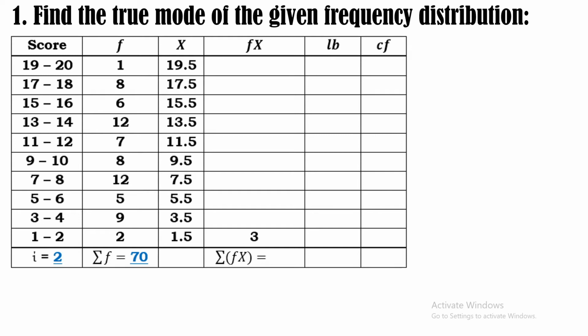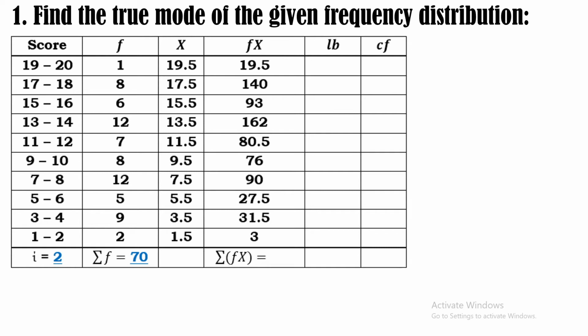Next, 9 times 3.5, that is 31.5. 5 times 5.5, that is 27.5. 12 times 7.5, it's 90. 8 times 9.5, that's 76. 7 times 11.5 is 80.5. 12 times 13.5 is 162. 15.5 times 6 is 93. 17.5 times 8 is 140. And 1 times 19.5 is 19.5.